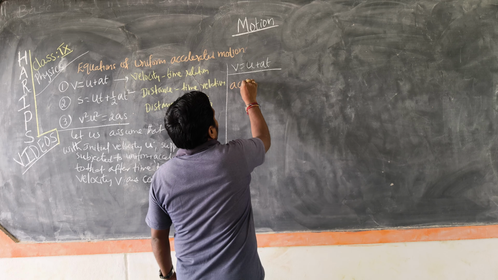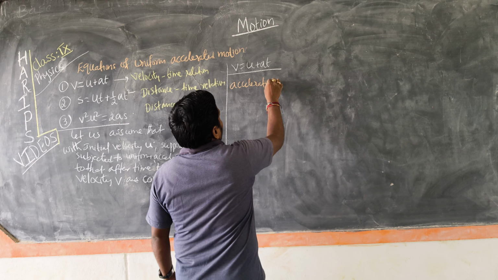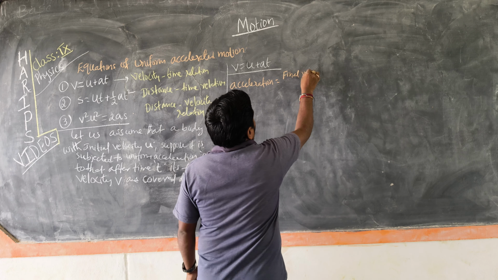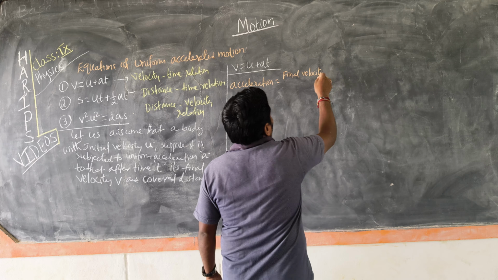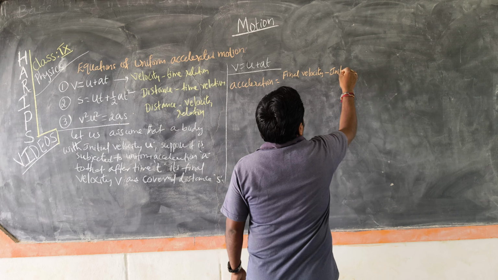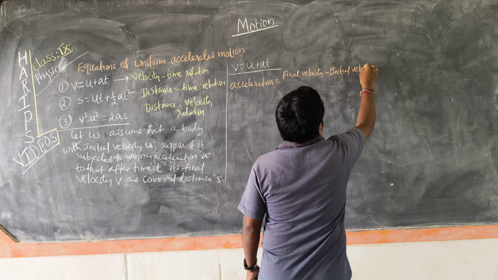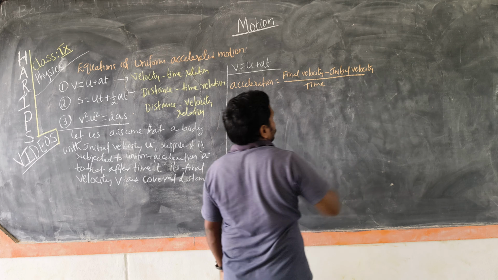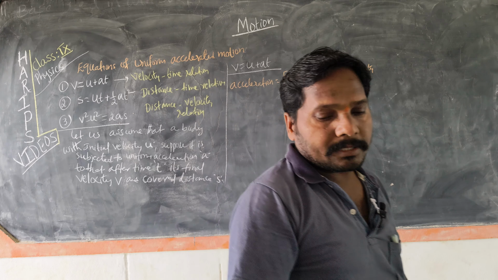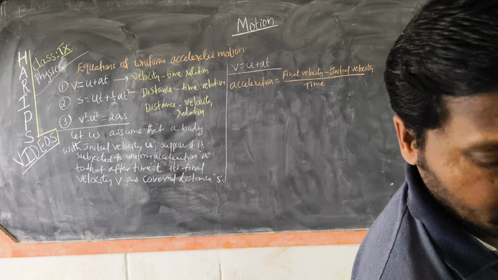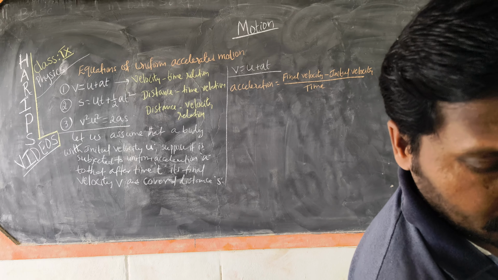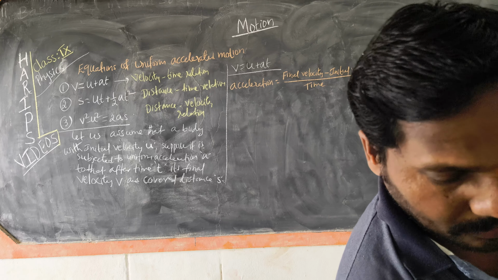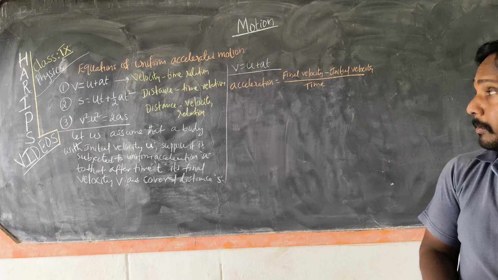We know the acceleration formula: acceleration equals final velocity minus initial velocity, divided by time.